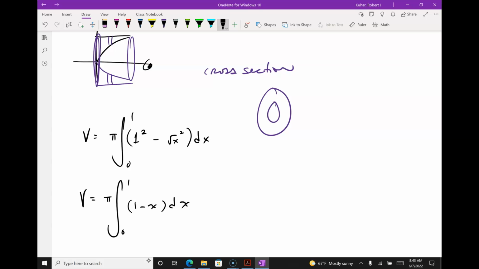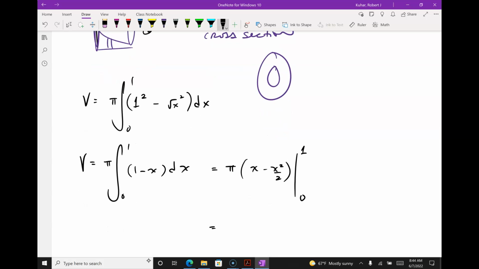And you see most of these, they turn out to be very, very simple. So that particular volume is pi over 2.